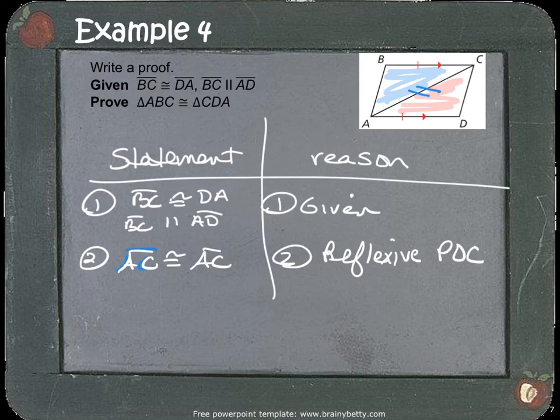Now, the next thing is they told us that we had some parallel lines here. So this one is parallel to this one. So again, this AC, I could think of as my transversal, which is now going to create alternate interior angles. So I could say that angle BCA is congruent to angle DAC.